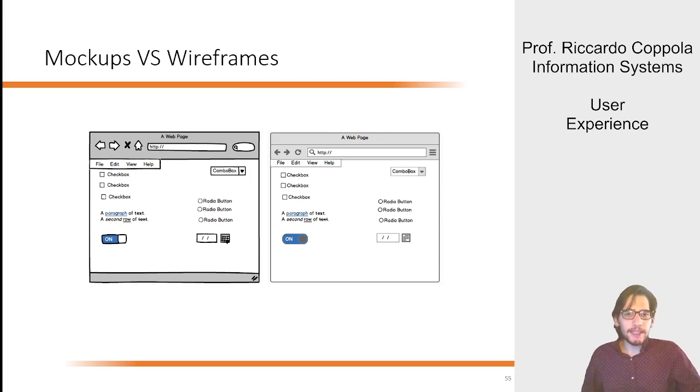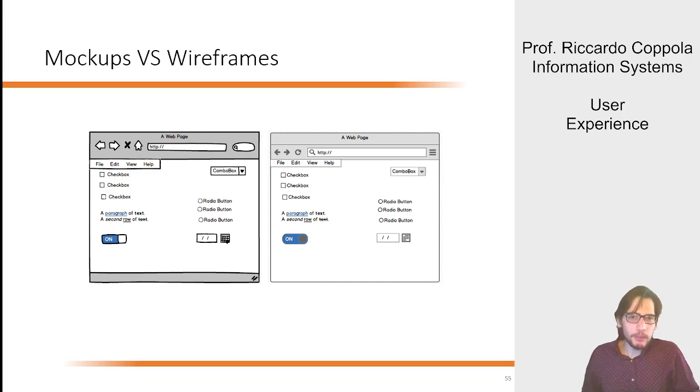And finally, I can have mockups and wireframes. So I can have mockups, which is a little bit more abstract, like on the left, in which I represent all the elements in their disposition in the screen of a system.